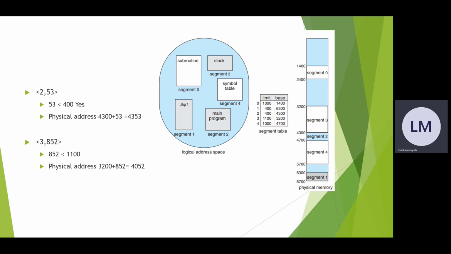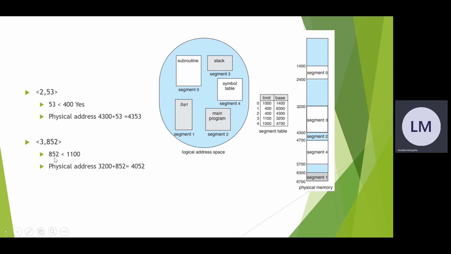Let us take another example where the logical address is 3, 852. Here, again, we compare the offset with the limit. The offset is 852 and the limit for segment number 3 is 1100.